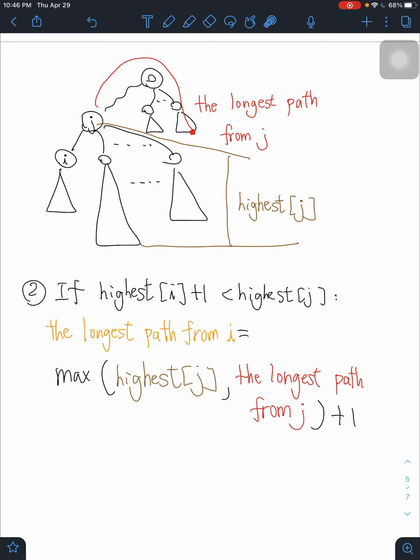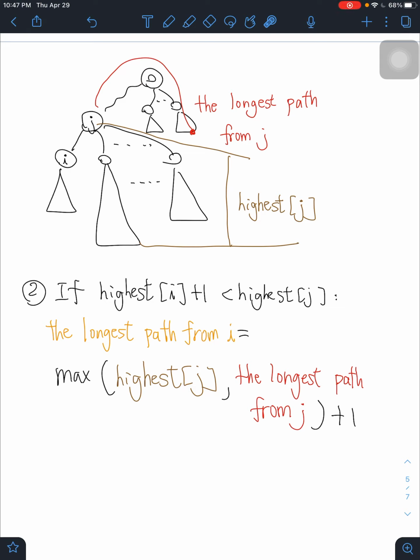So you can see that because we want to know the longest path from I to other nodes other than the descendants of I, this highest J basically computes all the possibilities among the siblings of J other than I, and this will give one more choice, because this path is also passing through one of J's children.